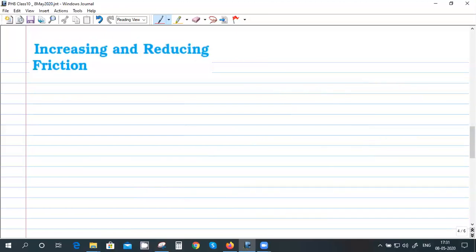So how can you increase friction? Changing the roughness. Yeah, you can increase the roughness of the contact surfaces. Any other way?